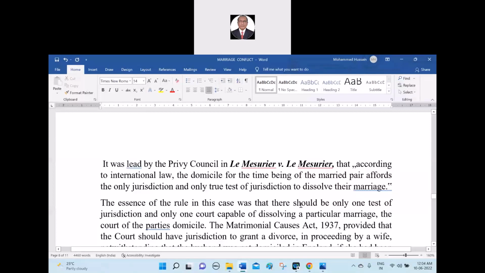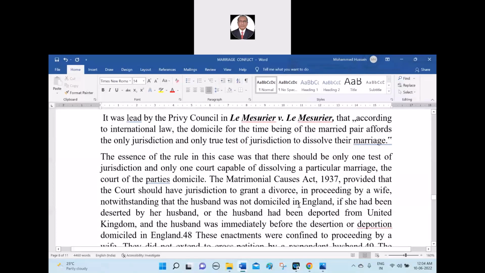They will consider the grounds for dissolving the matrimonial relations. The essence of the rule in this case was that there should be only one test of jurisdiction and only one court capable of dissolving the particular marriage, the court of the parties' domicile.